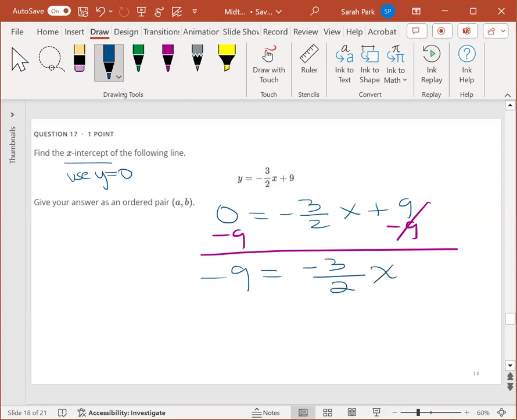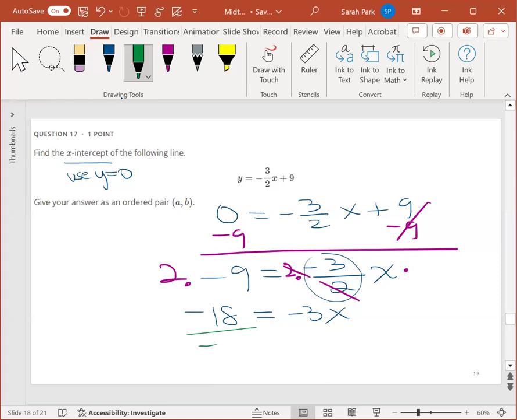In this case, we can cancel the fraction. Actually, let me split this into two parts. We can multiply both sides by 2. We're going to do that first because that'll help us cancel that 2 in the denominator. We have 2 times -9, which is -18, equals -3x.